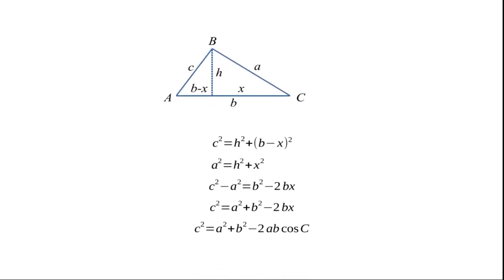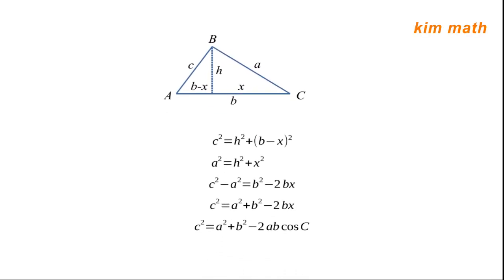Okay, first, I want to discuss with you why we have that equation. In the same triangle, I add one vertical line here, that is h. And note that the length of AC, or b, is divided into two parts, right? If this is x, then this will be b minus x.